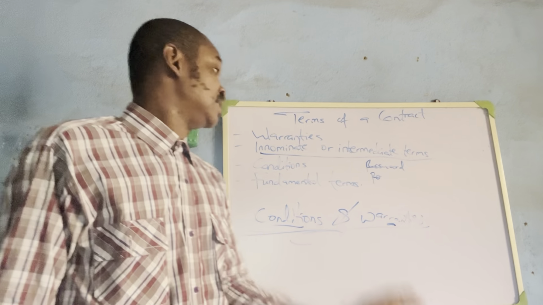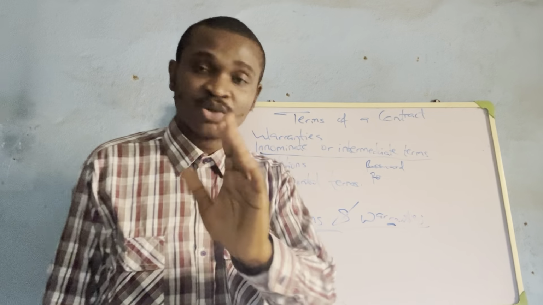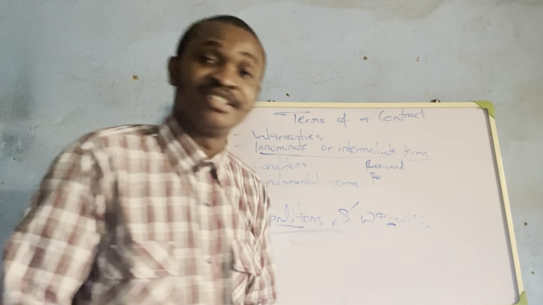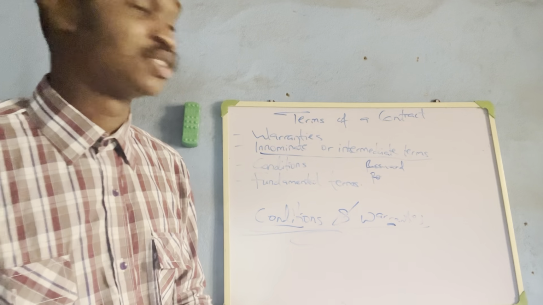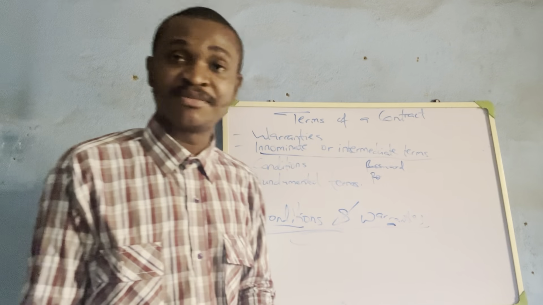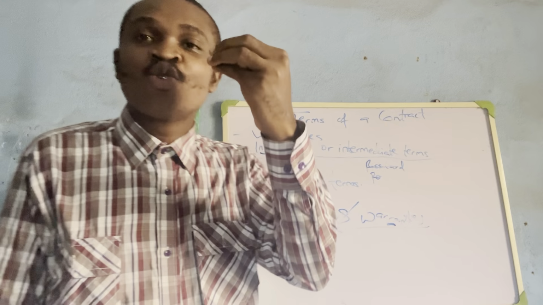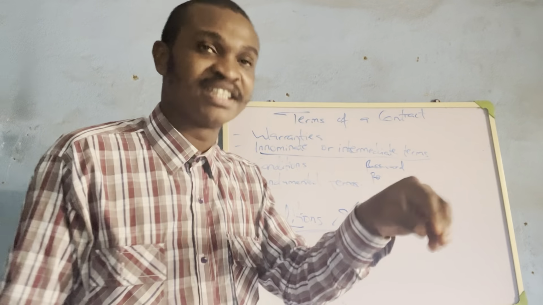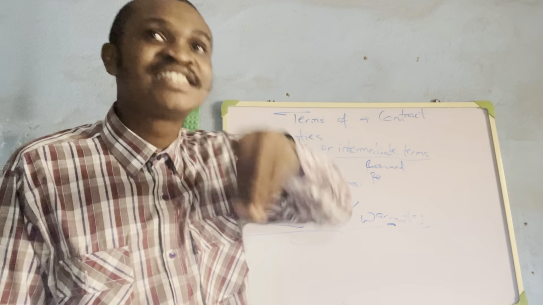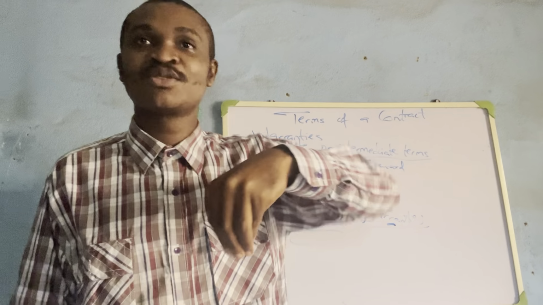So, as for innominate and intermediate terms, just know that by the nature of conditions and warranties, you already know that this is a condition and that is a warranty, and you know what happens when any of them is breached. But with innominate and intermediate terms, you only wait for the effect of the breach. When you breach an innominate or intermediate term, what happens?